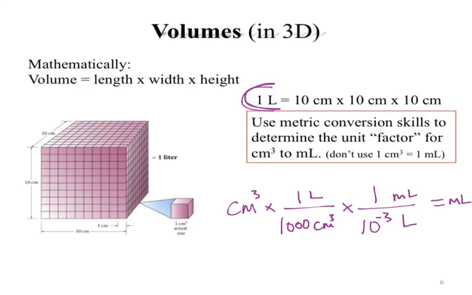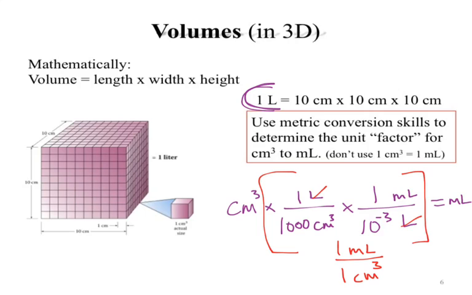Why bother to go through and do this? Well, let's pull out our conversion factor now and simplify that. What ends up happening? Take 1 divided by 1,000 times 1 divided by 10 to the negative 3. What do you get? You get 1 milliliter, 1 centimeter cubed.